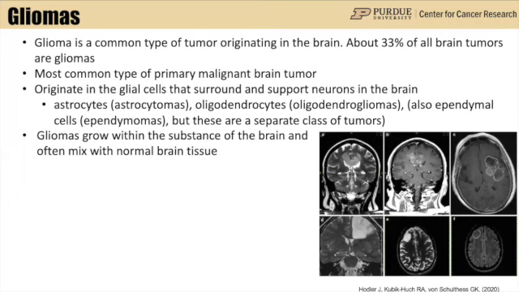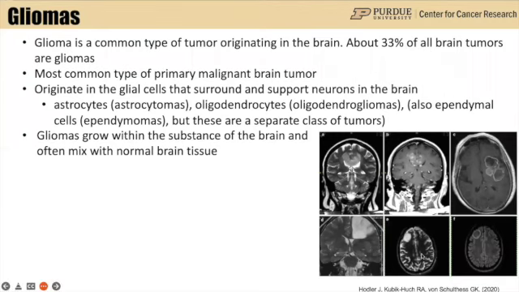Interestingly, astrocytomas are actually more common in humans. That's the type of glioma that's commonly seen in humans, and oligodendrogliomas are actually more common in canines, or in dogs. Gliomas grow within the substance of the brain, and are often mixed with normal brain tissue, which can lead to a number of challenges, as you can imagine, in treating gliomas and in excising the tumors from the brain.